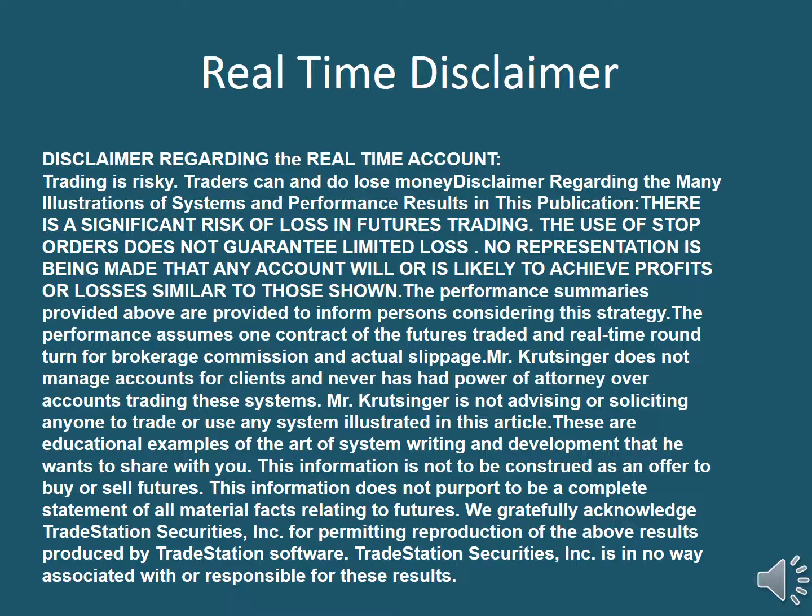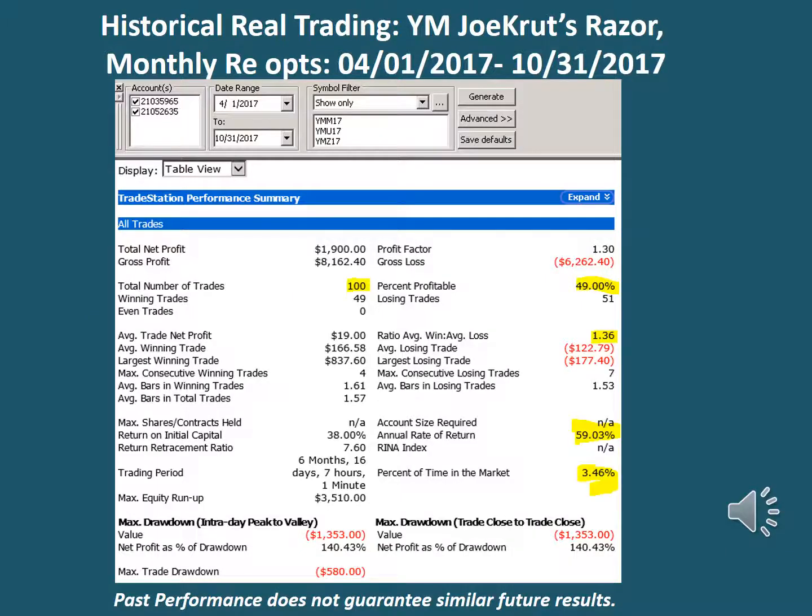Now we're going to jump to a couple of real-time reports. This is my IRA and the system that we're going to take a look at, and performance. We'll see where we go. First report we're going to have is basically right at 7 months of time.